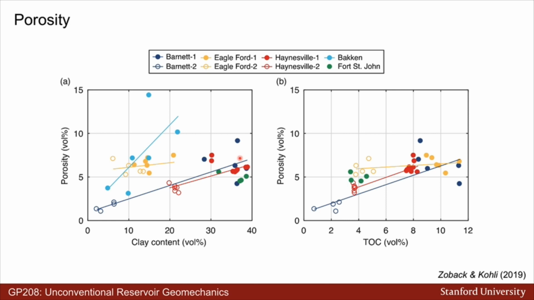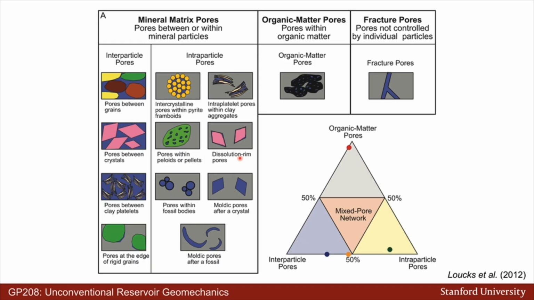As we see, porosity is correlated with total organic content in most of these reservoirs. And that's to be expected because during the maturation process, the heating and burial of organic matter is going to allow hydrocarbons to escape from that original organic material, leaving behind a porous structure.